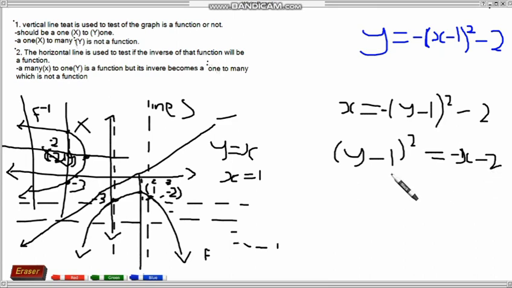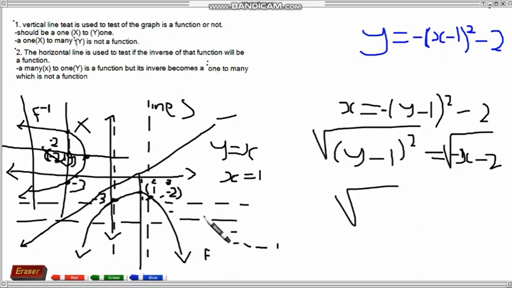Right? What else? Going to take the square root of this side and the square root of this side. Let me erase this quickly. What will I be left with?